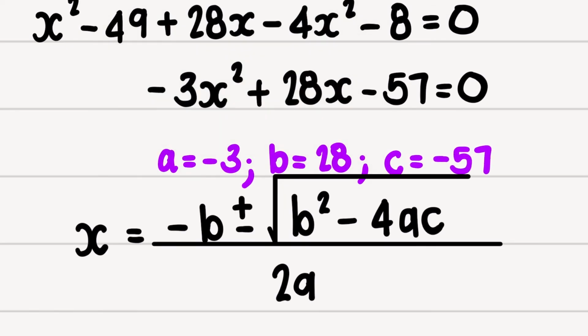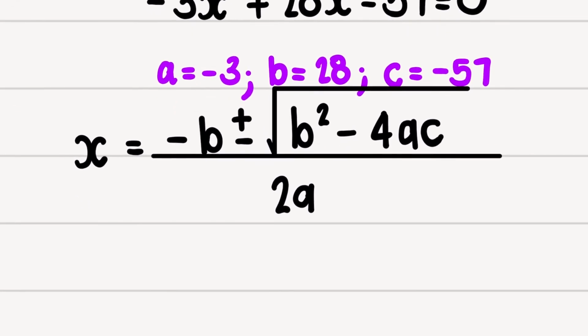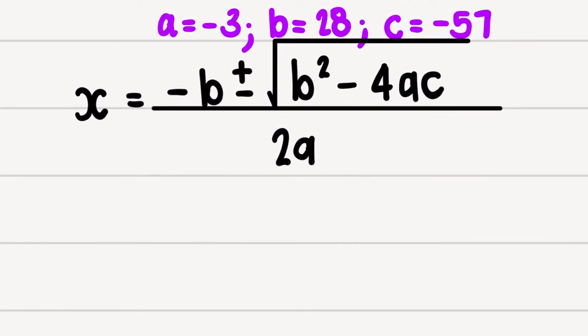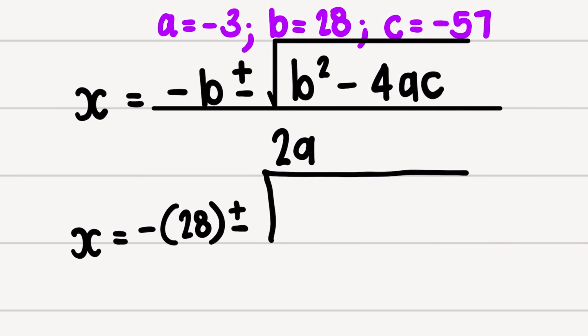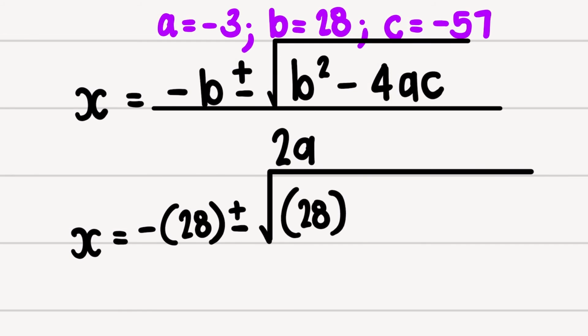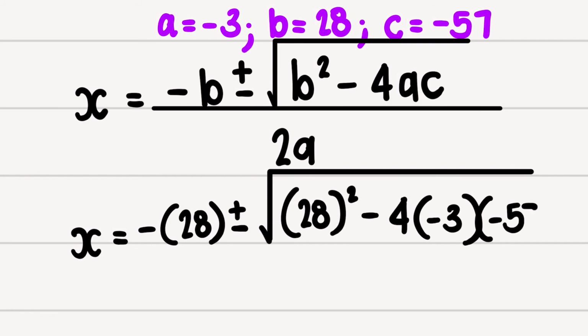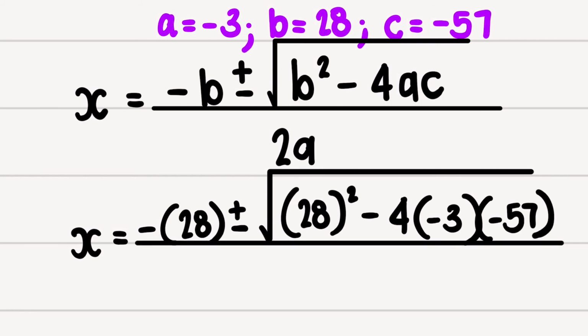Now I'm going to use the quadratic formula. I've written it out there and I'm going to substitute in. So x is equal to negative b, which is 28, plus minus the square root of b squared, so 28 squared, minus 4 times a, which is negative 3, times c, which is negative 57, all divided by 2a, 2 times the a value, which is negative 3.